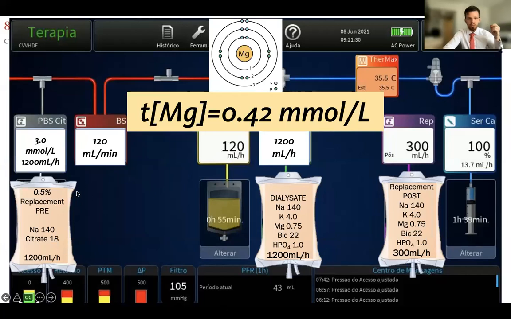And as we don't have magnesium in this bag, and this bag accounts for almost 50% of the final dialysis dose, the estimated concentration of total magnesium will be only 0.42. Remember, the normal range is from 0.75 to 1. So this patient is prone to, and certainly will develop, hypomagnesemia.